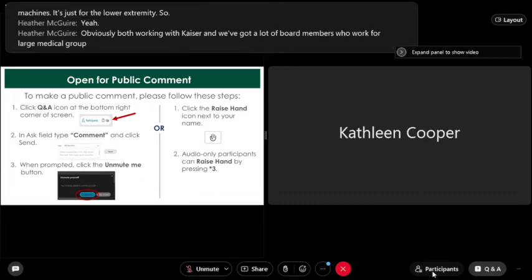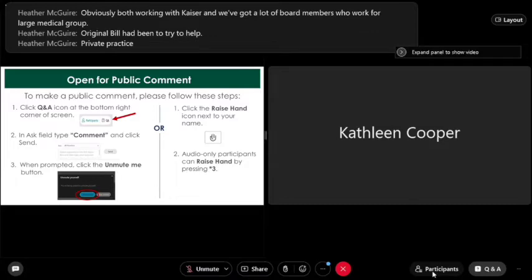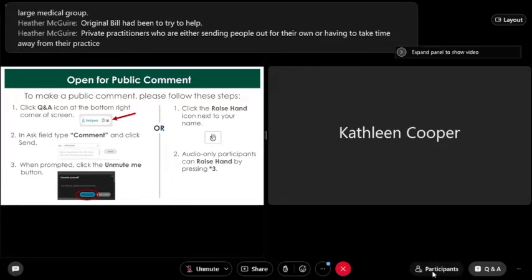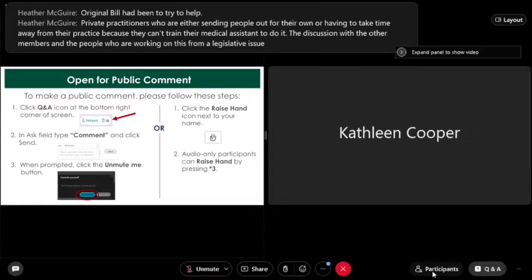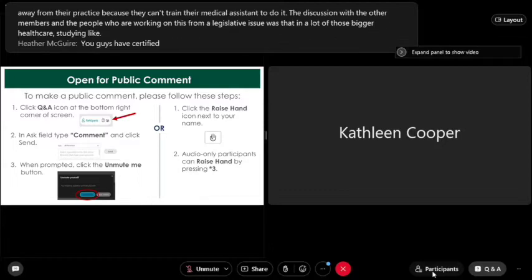The goal of the original bill had been to try to help fill a gap for private practitioners who are either sending people out for their own x-rays or having to take time away from their practice because they can't train their medical assistant to do it. The discussion with the other members and the people who were working on this from a legislative issue was that in a lot of those bigger healthcare settings like a KP, you have certified x-ray technicians who are generally taking those x-rays.